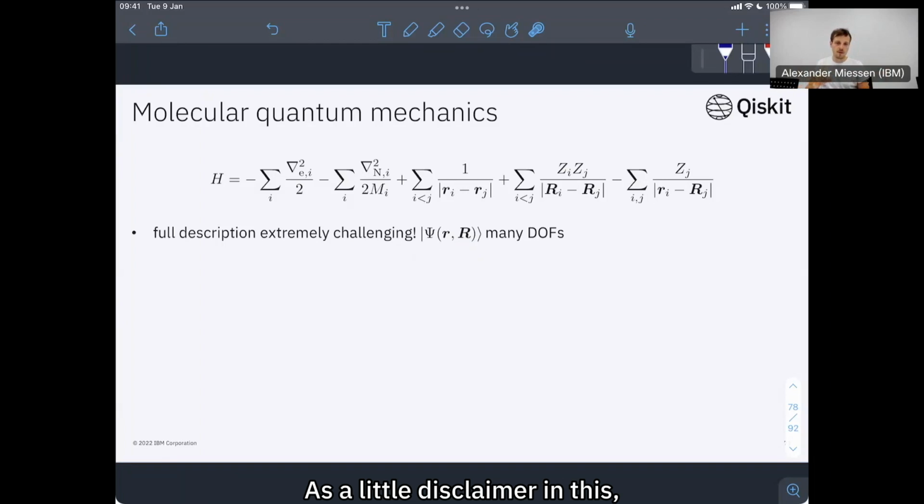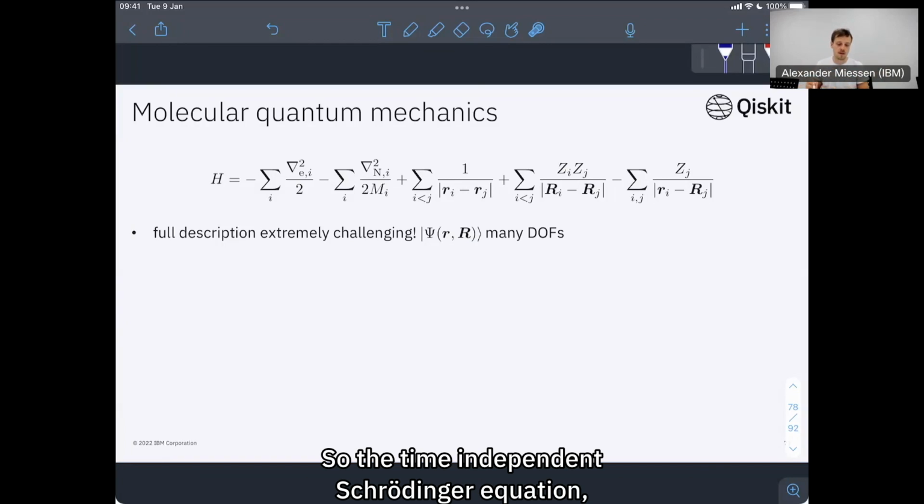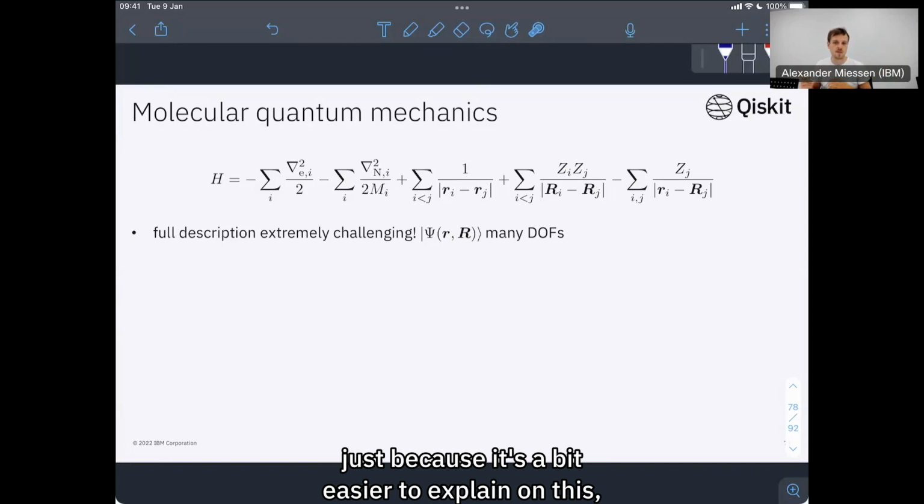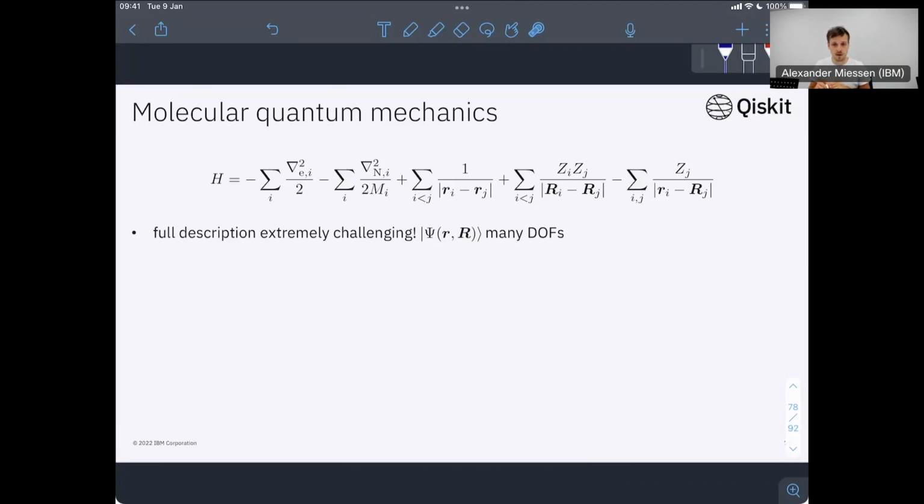As a little disclaimer, I will talk about stationary molecular quantum dynamics, so the time-independent Schrödinger equation, just because it's a bit easier to explain. But all of these concepts that I'm going to talk about carry over directly to the dynamical problems, okay?